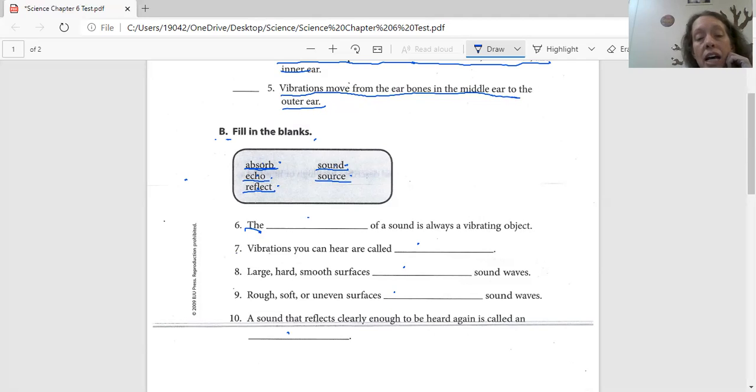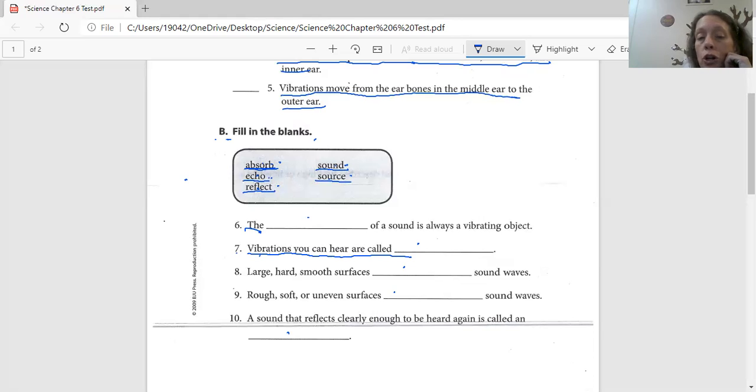Number 7 says, vibrations you can hear are called blank. If you think those vibrations are called absorb, are those vibrations called echo?